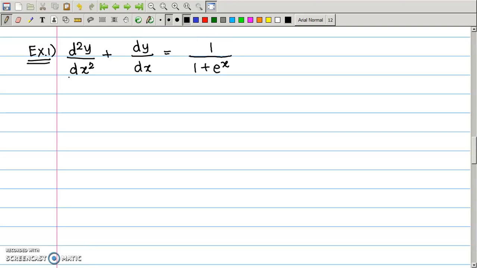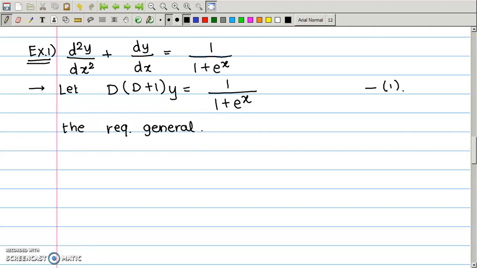Suppose this is our f of x. Then we can consider the linear differential equation as, if you take d common, d into d plus 1 y equal to f of x, which is 1 upon 1 plus e raised to x. We call it equation number 1.